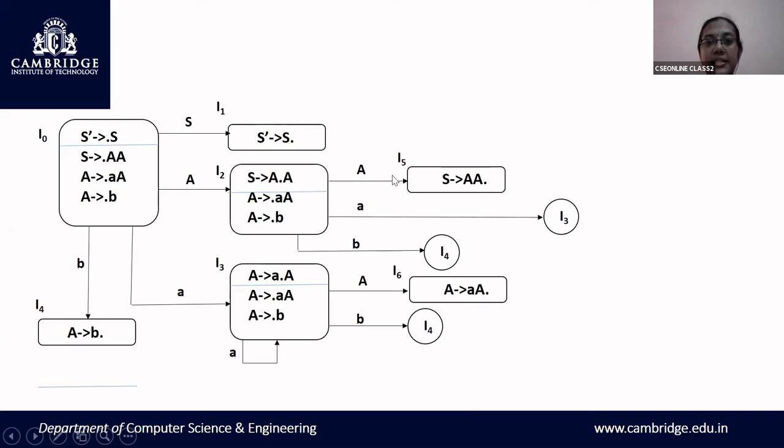Now coming to the state I5, you cannot take a go to or you cannot take a closure because dot is there on the rightmost side. Again coming to I6, a new state. Here also it is the same, dot is there on the rightmost side. You cannot take a closure or you cannot take a go to further. So this becomes the final automata for the given grammar. For the given grammar, this is the automata that we have constructed.